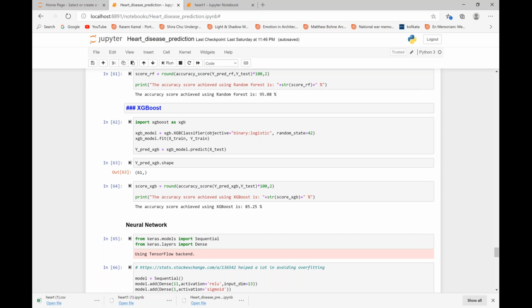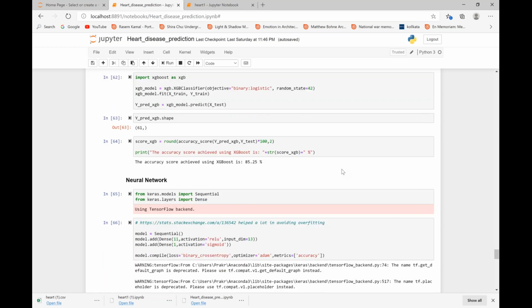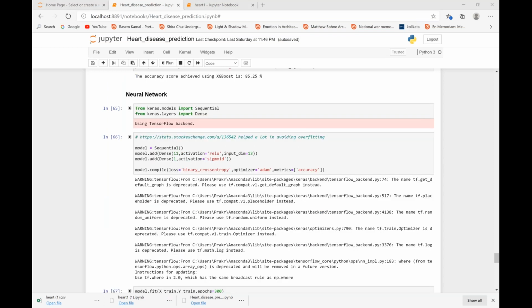It does not exactly tell whether the person is suffering from heart disease or not; it just predicts the probability. We calculated the accuracy of the XGBoost model and found that it was 85.25%. Next is the neural network, which Mahima will be explaining.